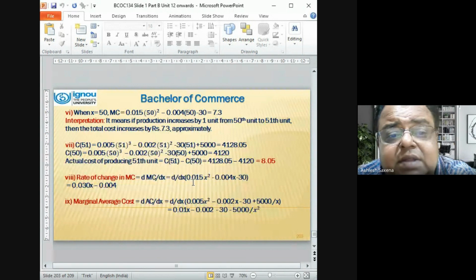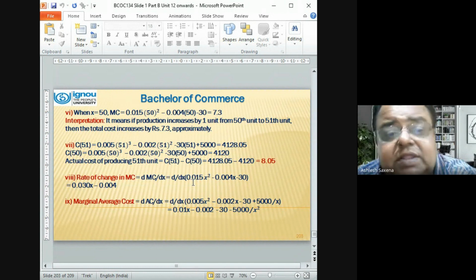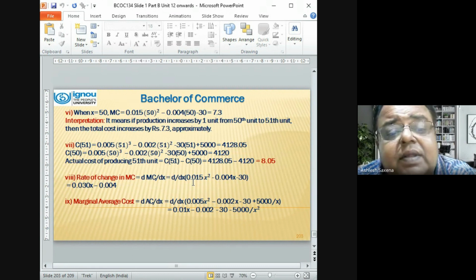It means if production is increased by 1 unit, from the 50th unit to the 51st unit, the total cost increases by 7.3 rupees. Then what will be the cost of the 51st item? Substitute the value of 51 in the total cost function. You will get 4,128.05.